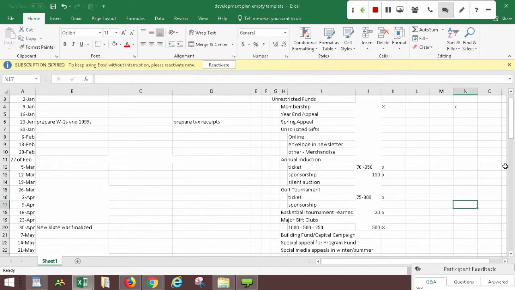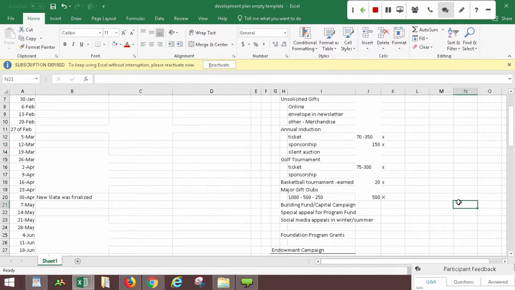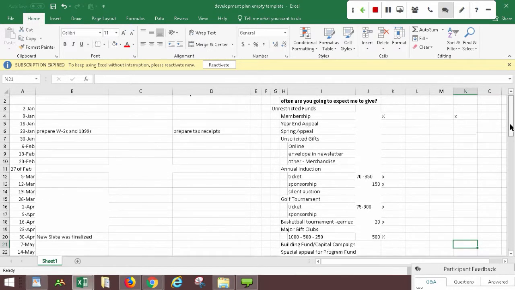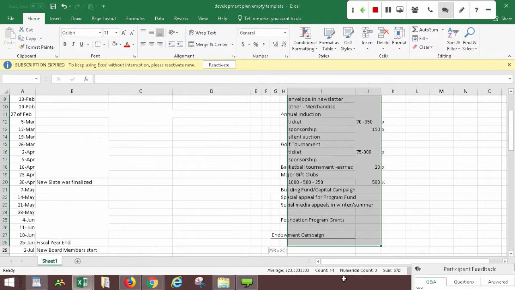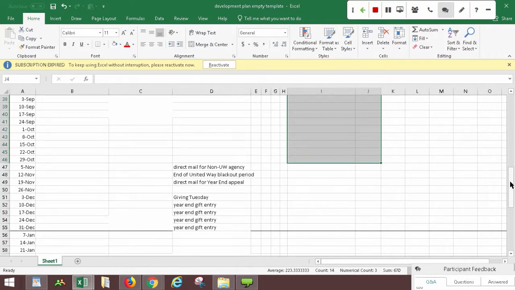And also, if you're going to ask me to raise money, what are my opportunities to do that? It's also just a nice thing to be able to show board members as they're coming on board that their donations aren't the only thing running your organization. We are working 365 days a year doing all these things. So that's a good thing to have.